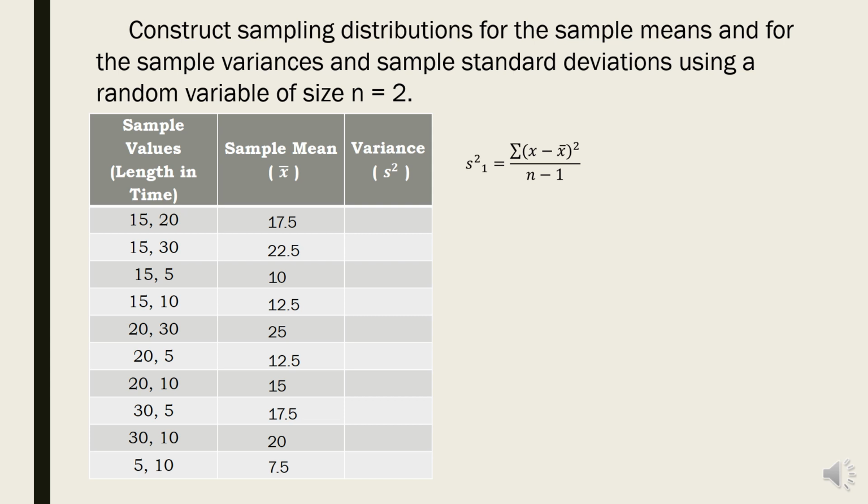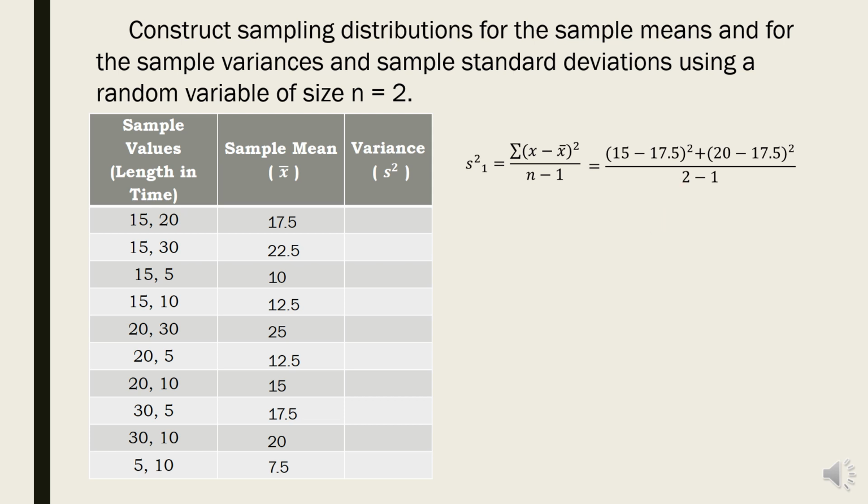Since the sample mean is 17.5, we have 15 minus 17.5 squared plus 20 minus 17.5 squared, all over 2 minus 1.